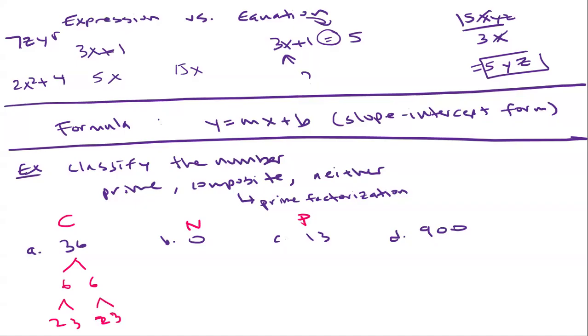These numbers are all prime numbers. So that's 2 times 3 times 2 times 3, which gives us 36. This here would be in prime factorization form.